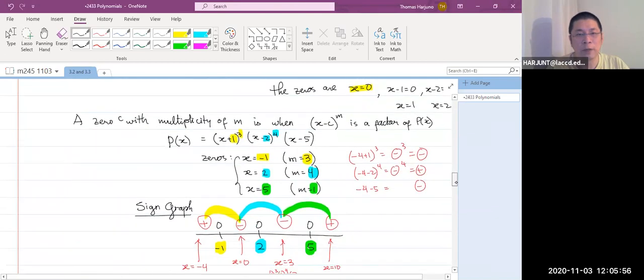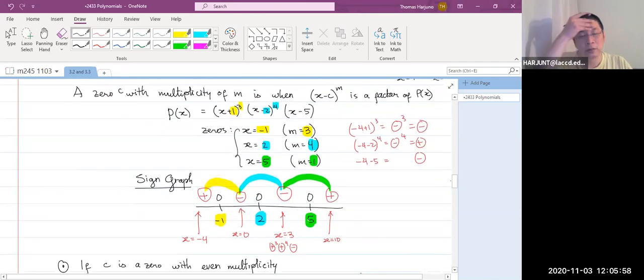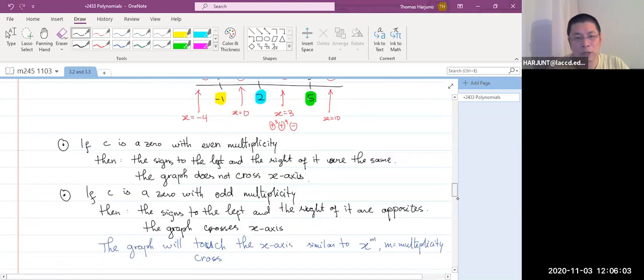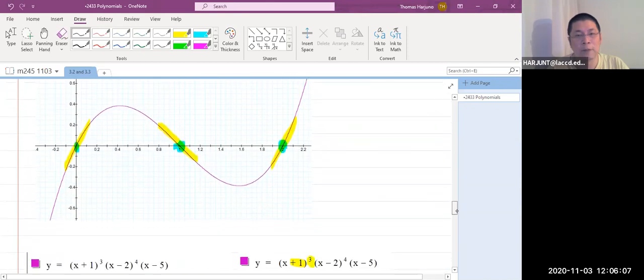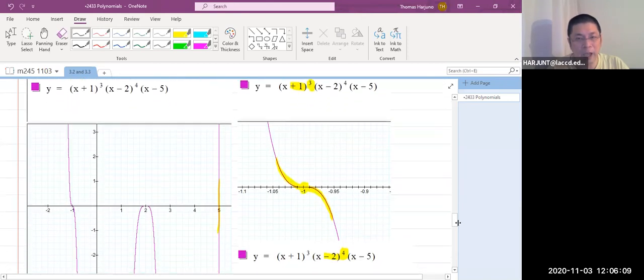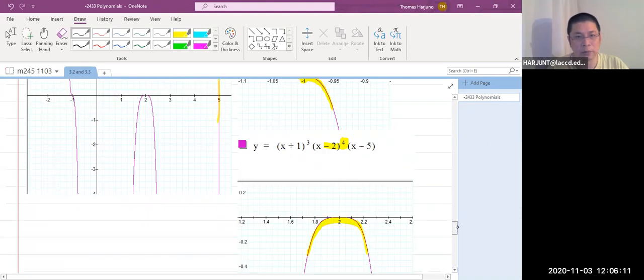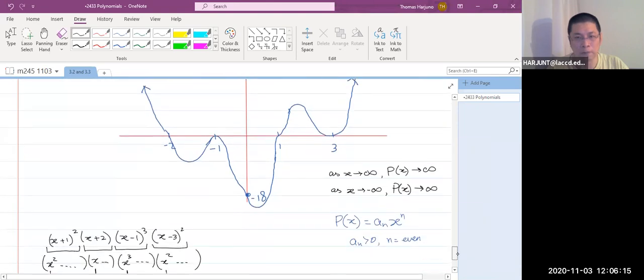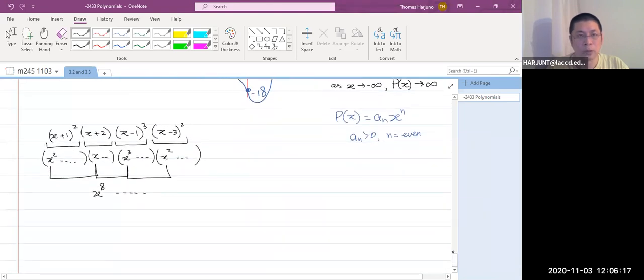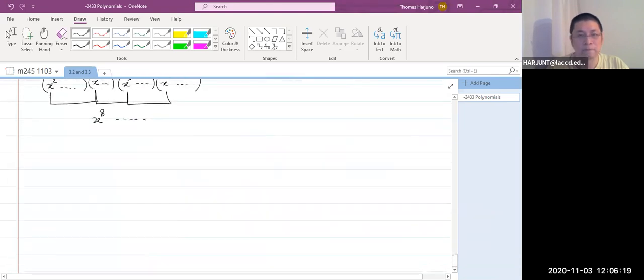And what is the effect of multiplicity on the sign and on the graph? In fact, how does the graph behave near a zero? That's basically what we learn here for now. Okay, next, the harder one, division.